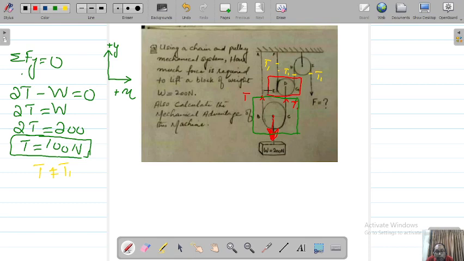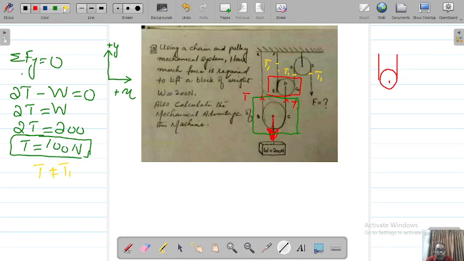If we consider this system here, you know it very well that this is our pulley, and there is one force going in this direction, another force going in this direction, and this was different.